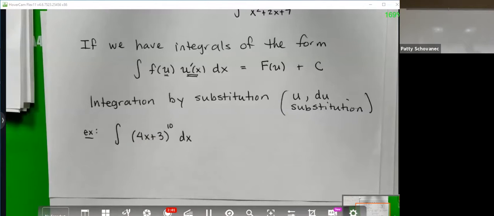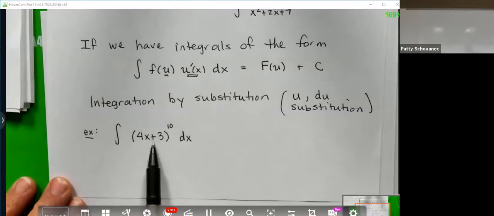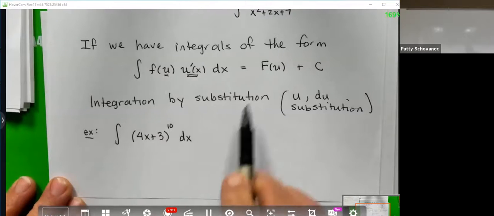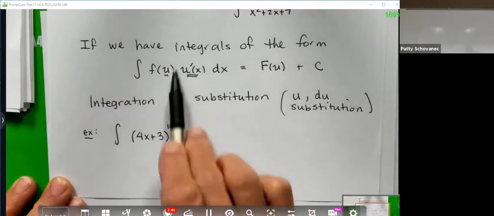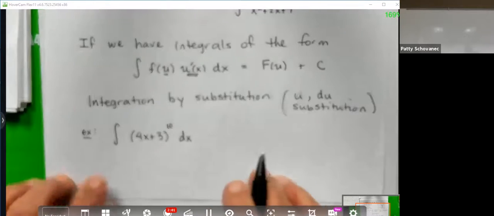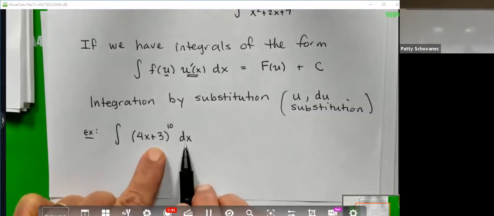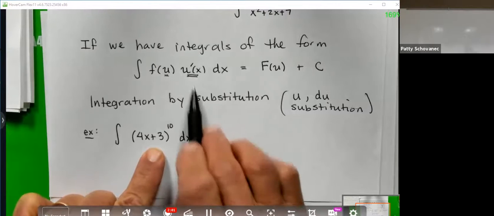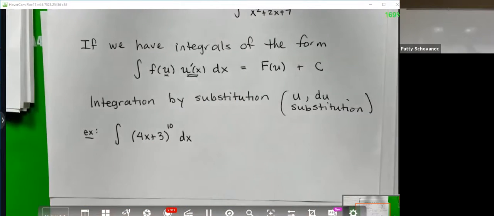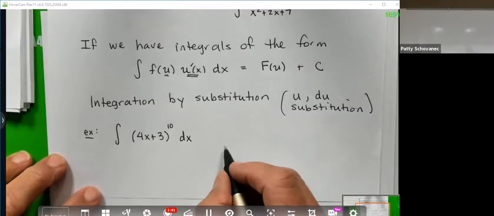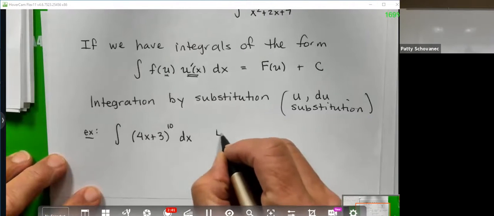I'm going to try to treat this as an integral of u to the 10th times this part, du. In order to do that, I have to substitute both of these out. I have to substitute out the 4x plus 3, and I have to substitute out the dx term. I'm going to take the stuff inside the parentheses and call it u.